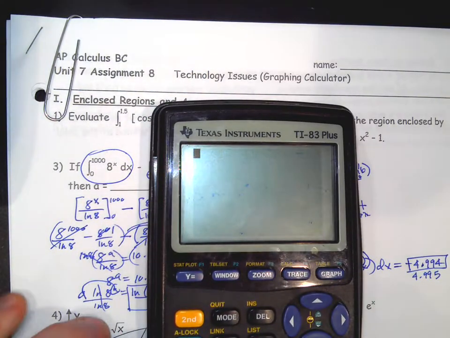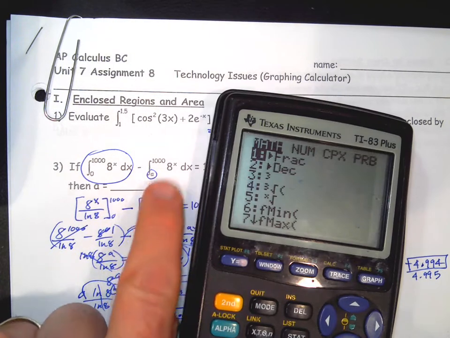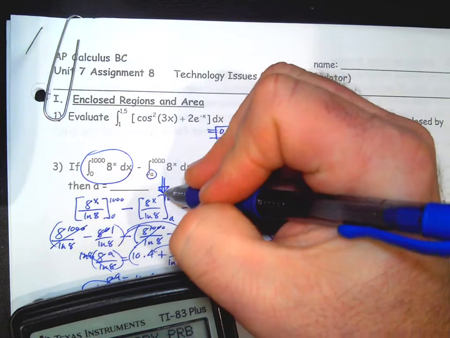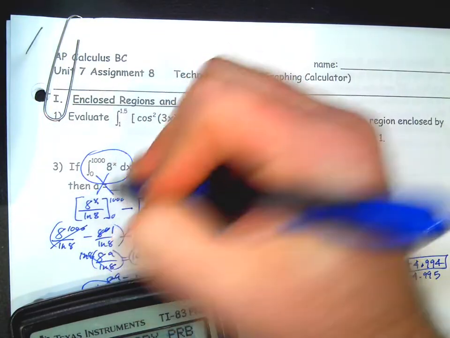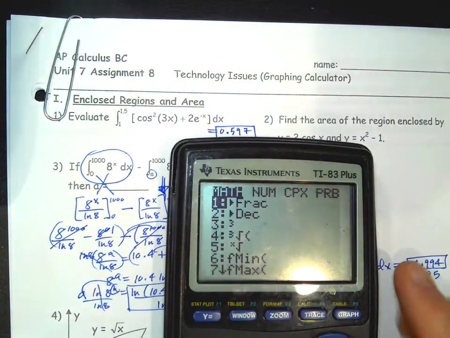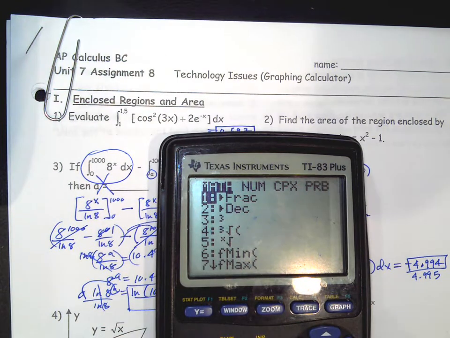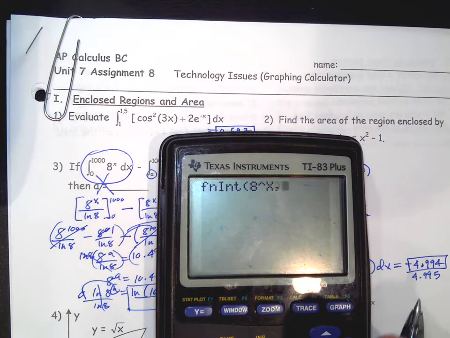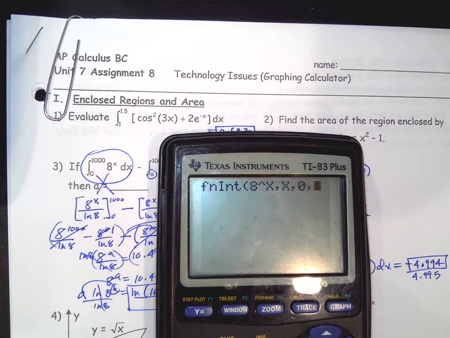We could have just said, you know, this one we have to integrate. Like this one, we have to do this. This one we could have just done on our calculator. So if we said math 9, 8 to the x, comma x, comma 0, comma 1000.